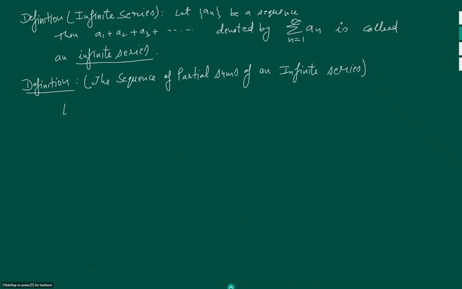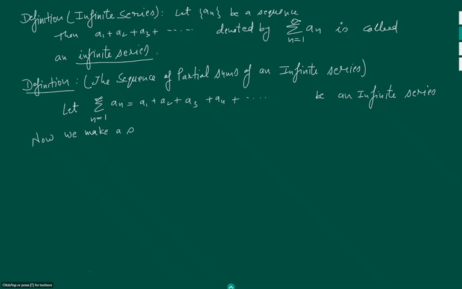So let summation n varies from 1 to infinity, that is a1 plus a2 plus a3 plus a4, a5 and so on, be an infinite series. Now we make a sequence S_n as follows.